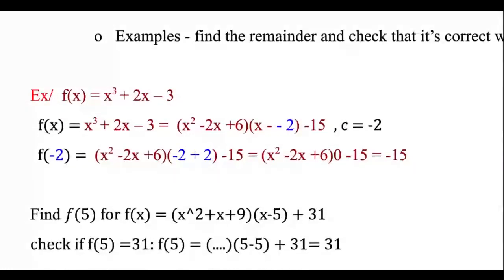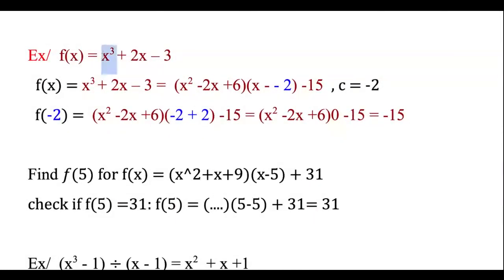Let's see an example. So f is a polynomial degree 3 because x cubed plus 2x minus 3. Now we can factor this as, we want to find f of negative 2. Okay, so let's put this one on top.